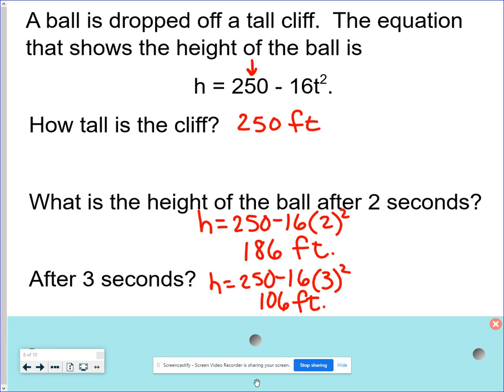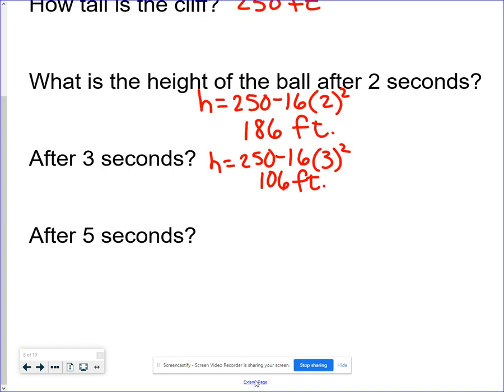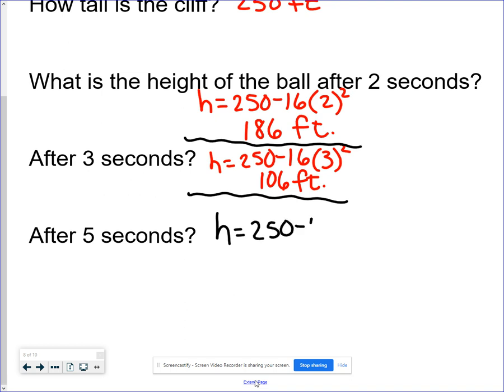Okay, and the last one that I have here says, what about after 5 seconds? So if I'm going to change colors, I should have changed colors in between here. The height would be 250 minus 16 times 5 squared. Well, 5 squared is 25, and 25 times 16 is actually 400.